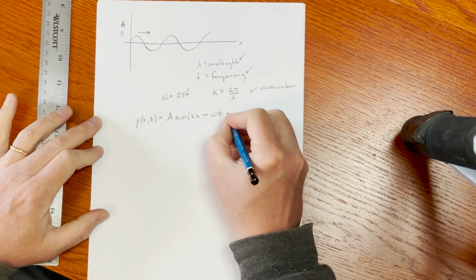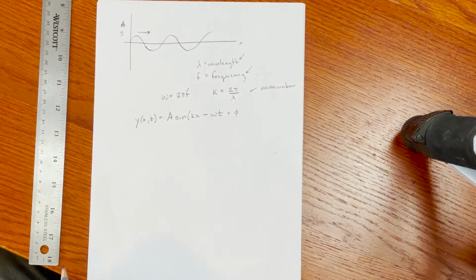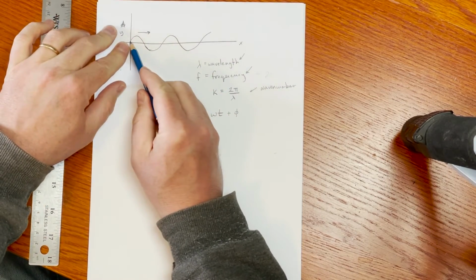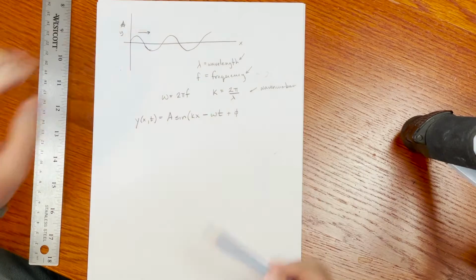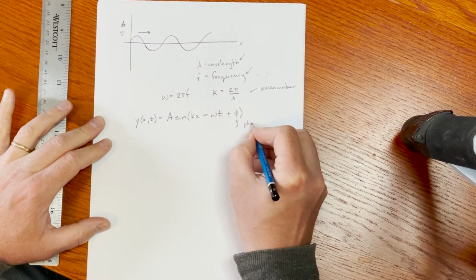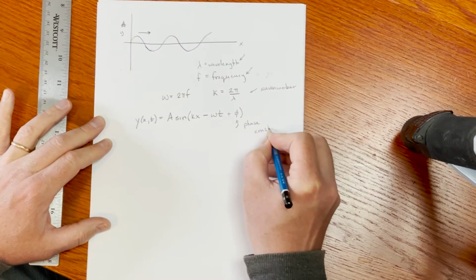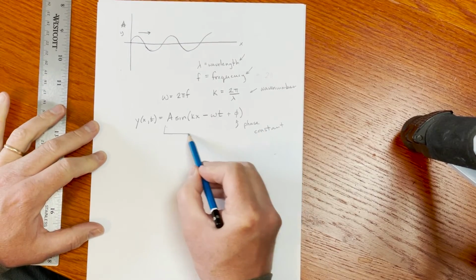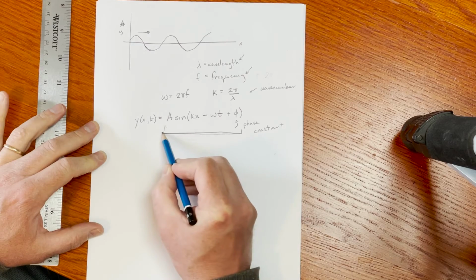And then we add on this phase constant, which just represents any shift for when the wave may have started. If we started the wave right here, but we could have started it at any point, that is called the phase constant. So we can use this equation to describe this wave motion.